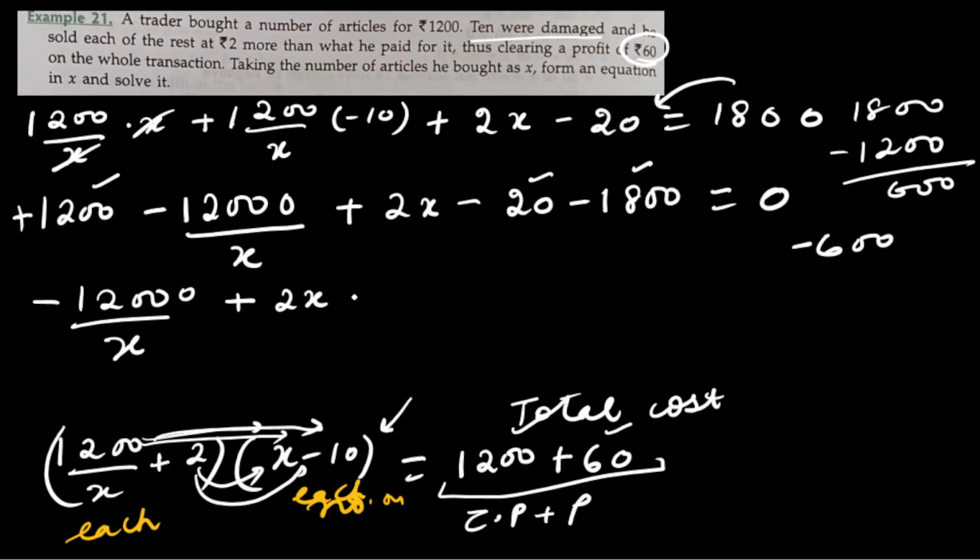So minus 600, again minus 20 is there. Minus 600 and minus 20, so minus 620 is equal to 0.